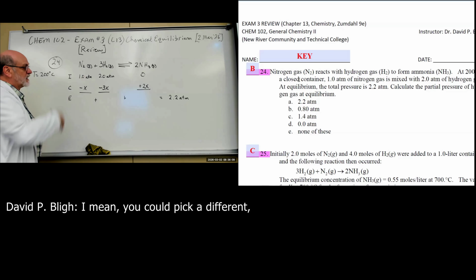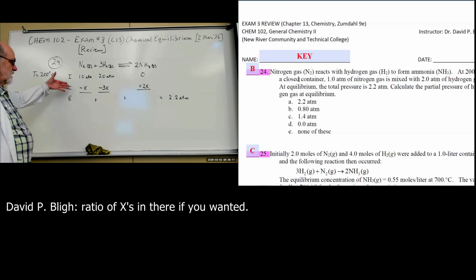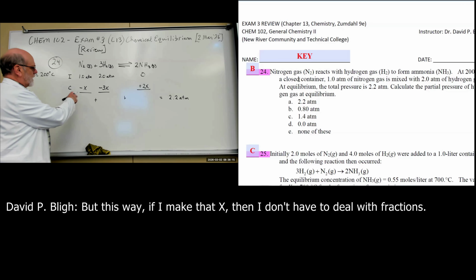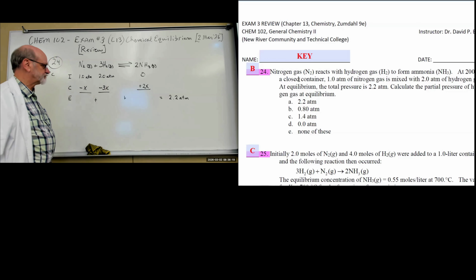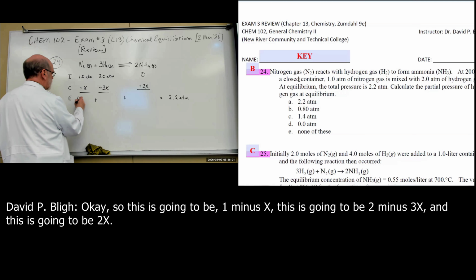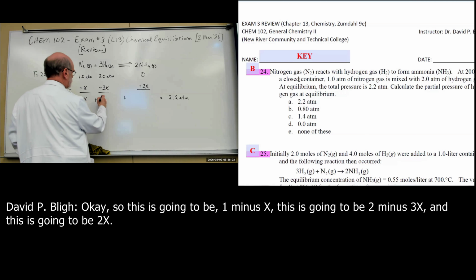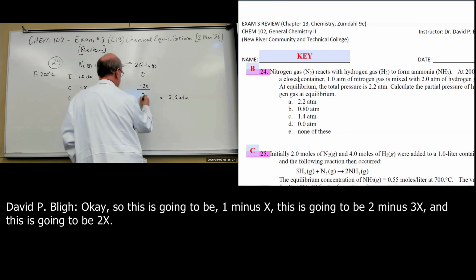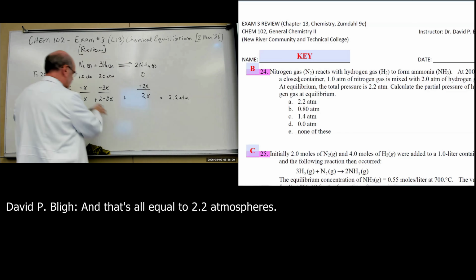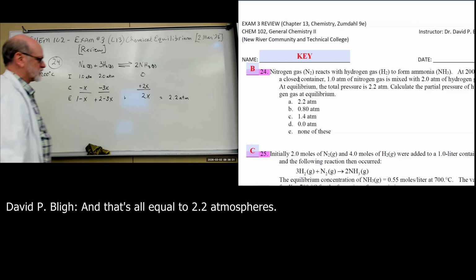You could pick a different ratio of X's in there if you wanted. But this way, if I make that X, then I don't have to deal with fractions. Okay, so this is going to be 1 minus X. This is going to be 2 minus 3X. And this is going to be 2X. And that's all equal to 2.2 atmospheres.